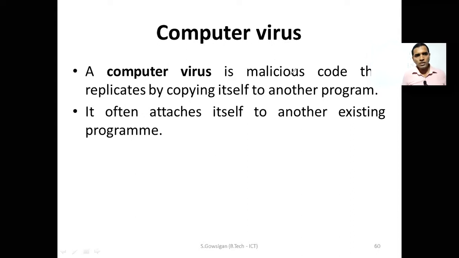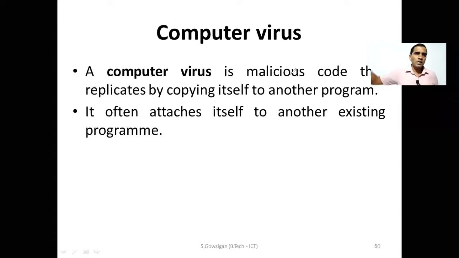And also, the other most common way is removable storage devices, such as pen drives, floppy disks, CDs, and external hard disks. Because when you use an external hard disk in a virus-infected computer, your external hard disk can easily be affected with virus.